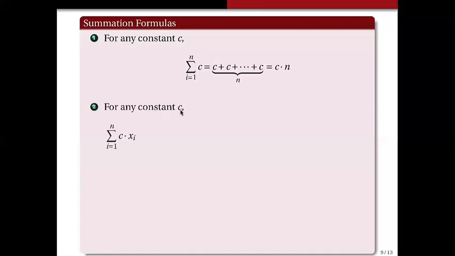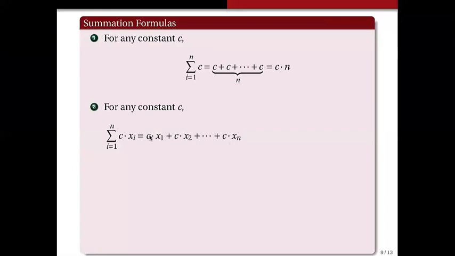Now, suppose you have a constant c and you still have your x sub i. This x sub i could be something that is in terms of i or not. So what's the formula for this? It tells us that you have c times x sub 1 plus c times x sub 2 plus, etc., until you have c times x sub n.